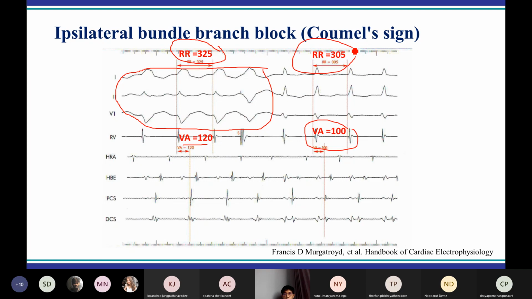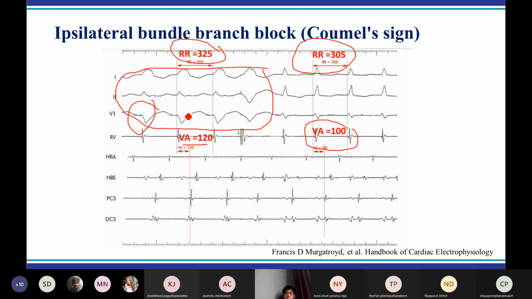This is the Kumel sign. You can say that there is an ipsilateral bundle branch block in this patient. It means that if you see the left bundle branch block here, there should be a left accessory pathway in the patient.